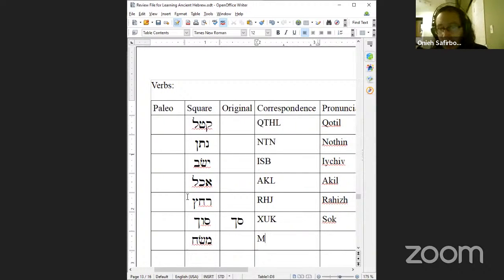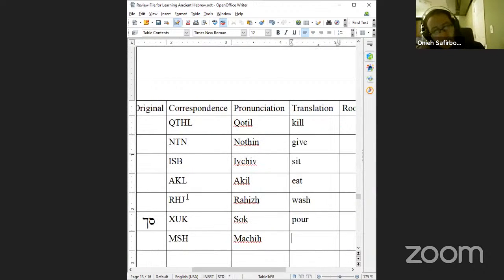We pronounced it mashe, Masha. It's the same root as Messiah, so it means anoint.